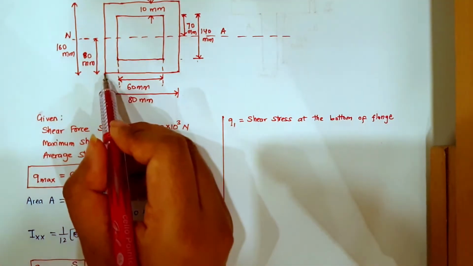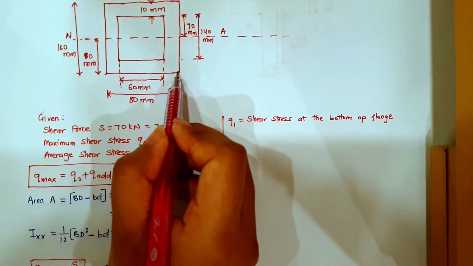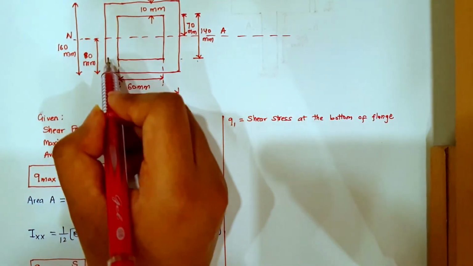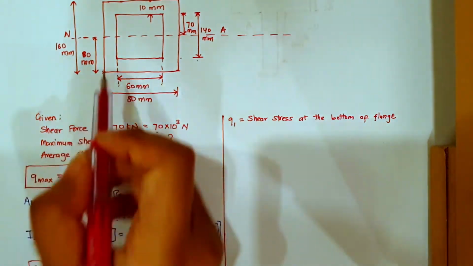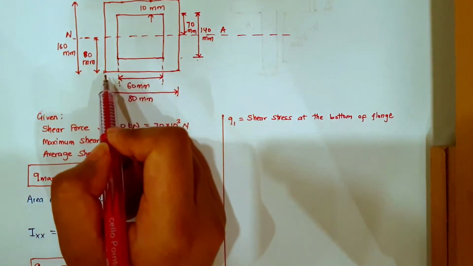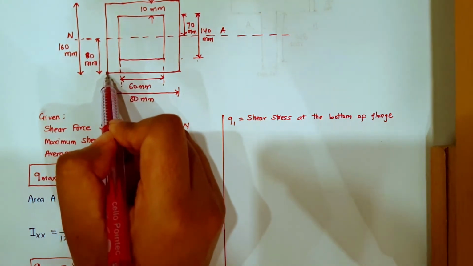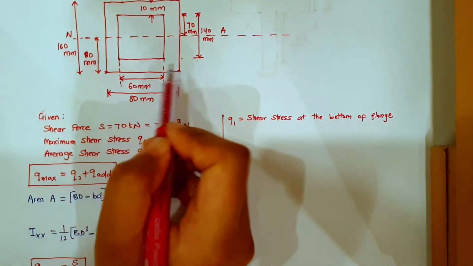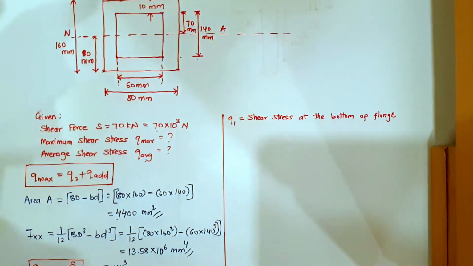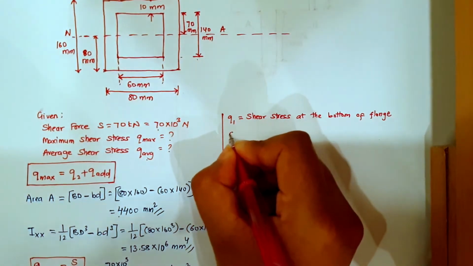So the bottom of this flange will be this portion. I'm taking this as the flange for this section. This portion is the flange portion. So we are finding at the bottom of the flange, so the bottom will be here. So what is the width at the bottom? It is 80.